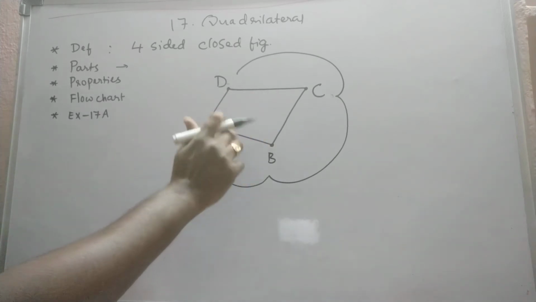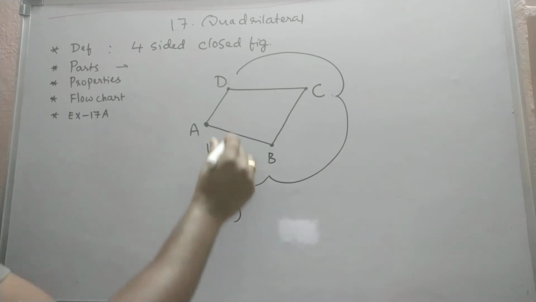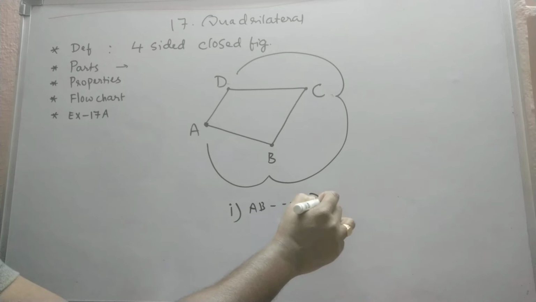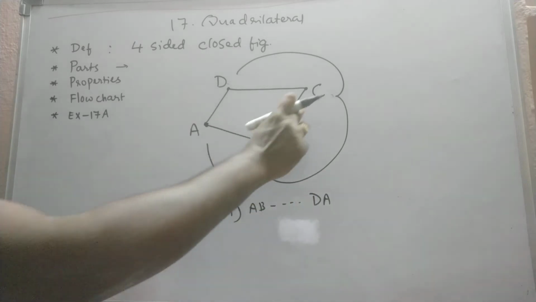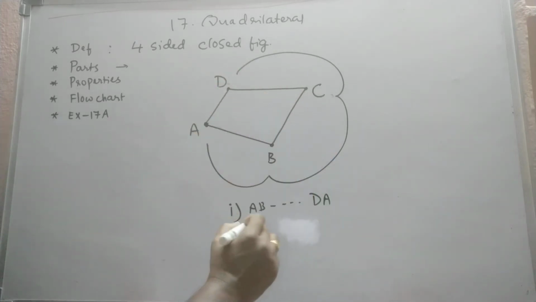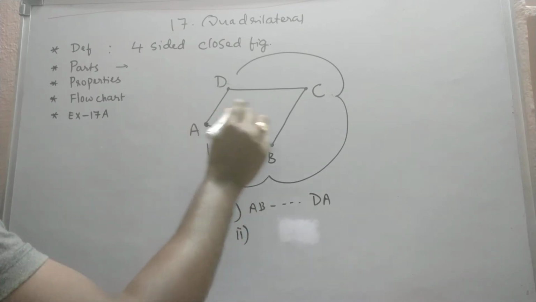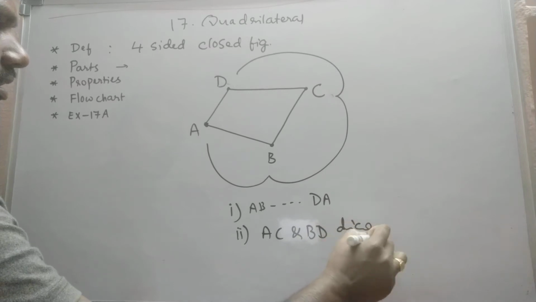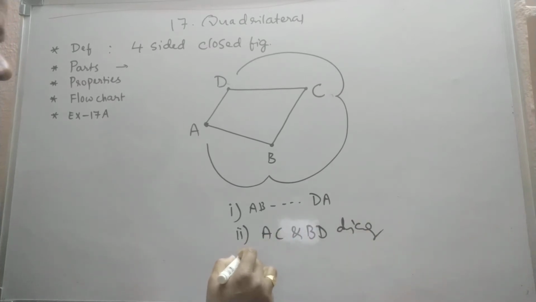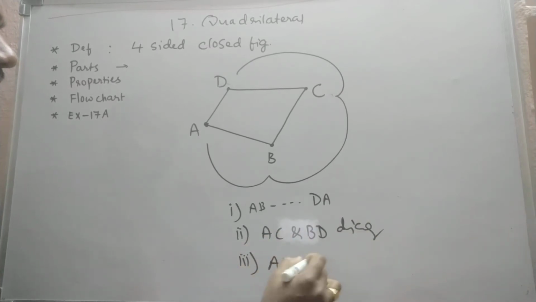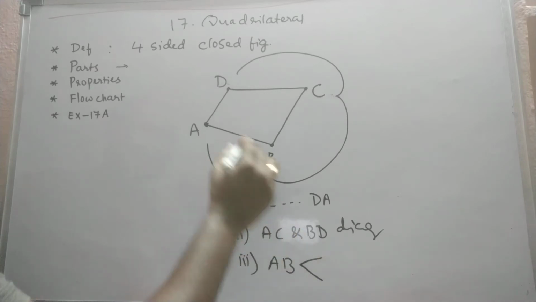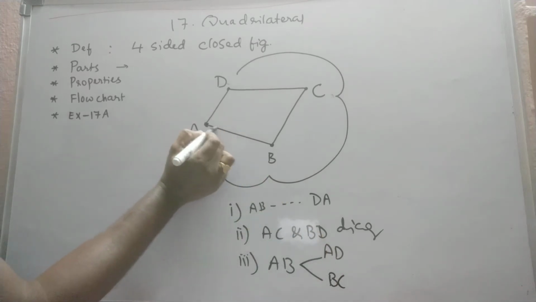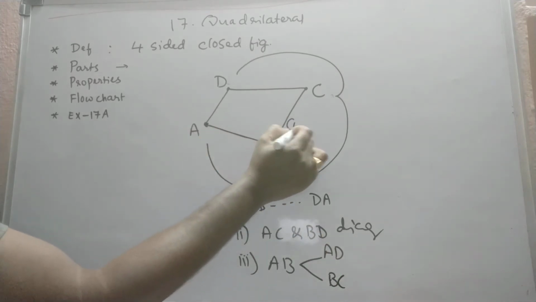First, we have sides AB, BC and so on, which you know, so AB, BC, CD, DA are the 4 sides. Second, AC and BD are the diagonals. Third, AB has 2 adjacent sides: AD is adjacent as well as BC is adjacent.